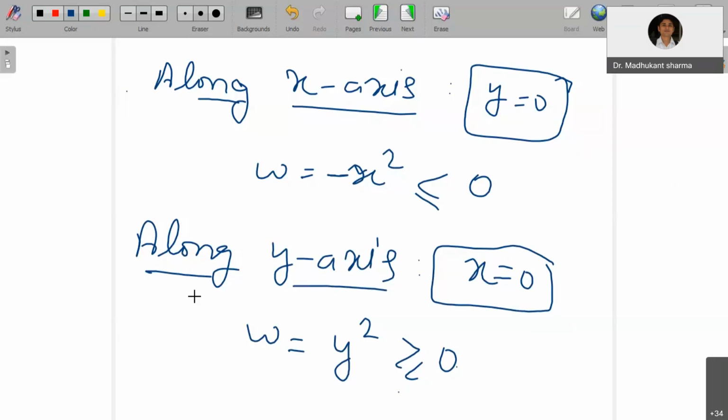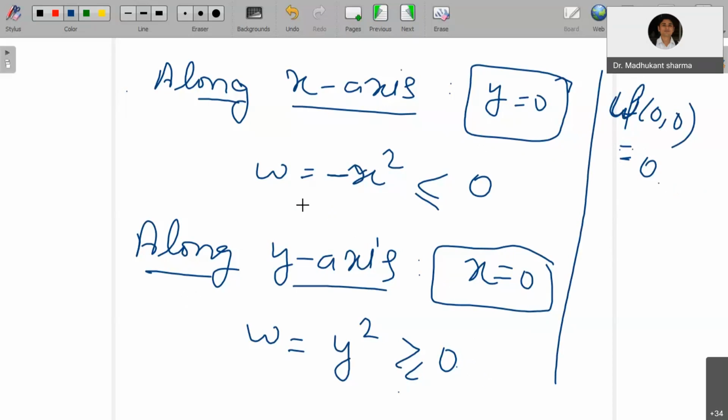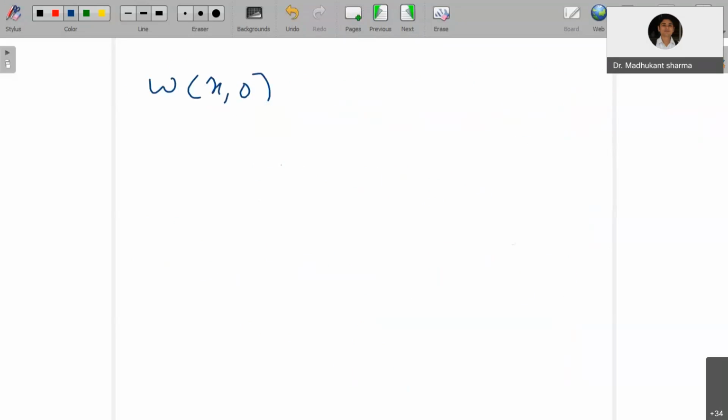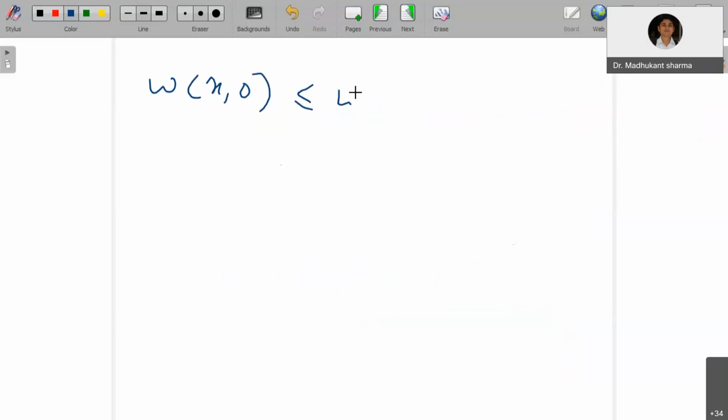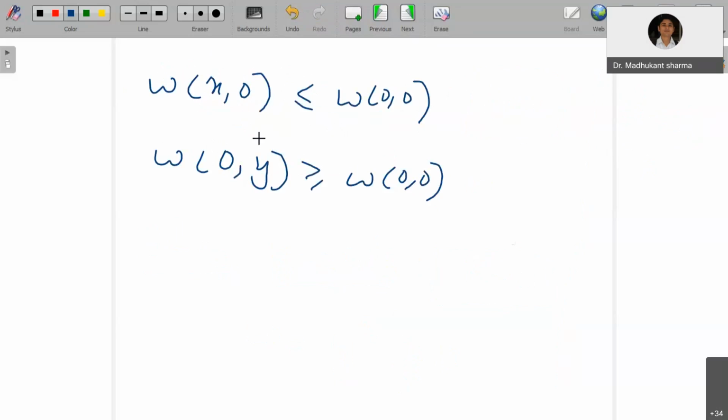And you can see w at 0, 0 is 0. So what these two results show you is that w of x comma 0 is less than or equal to w at 0, 0, and w of 0 comma y is greater than or equal to w at 0, 0. And there are infinitely many such points lying in the disk centered at 0.